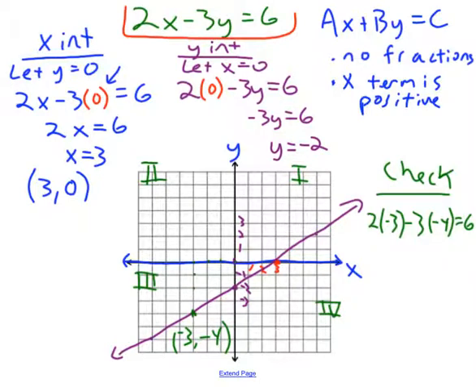Well, let's see. 2 times negative 3 is negative 6. Minus 3 times negative 4, so that would be plus 12. Does that equal 6? Well, negative 6 plus 12 indeed is 6. So it checks out. You can always check your solution that way by picking a point. Okay, so there is one solve in standard form.